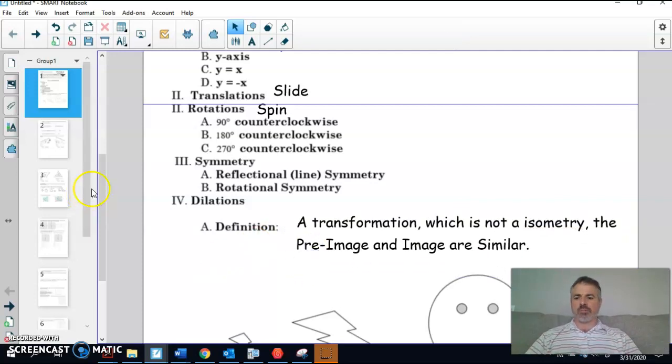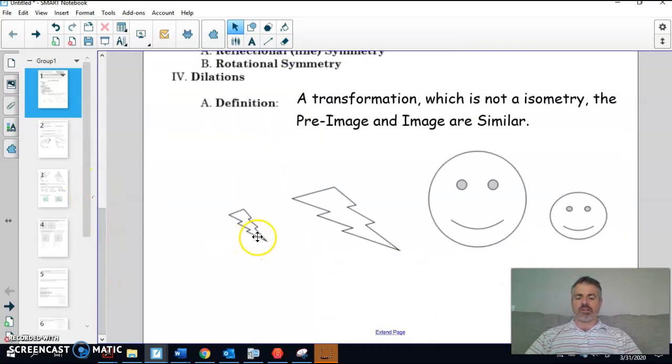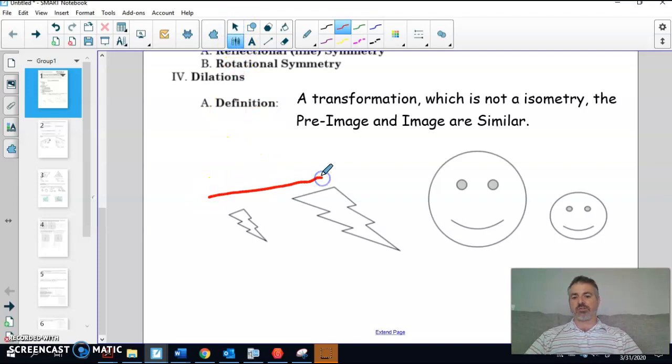Down here is an example of what I'm talking about. This is the pre-image, this is the image. If I go from pre-image to image in this direction, this is an example of an enlargement. And this one, where I start with a large pre-image and go to a smaller image, is a reduction.